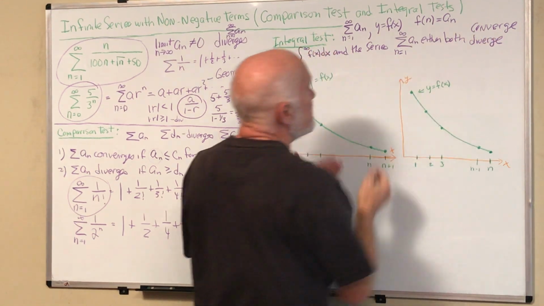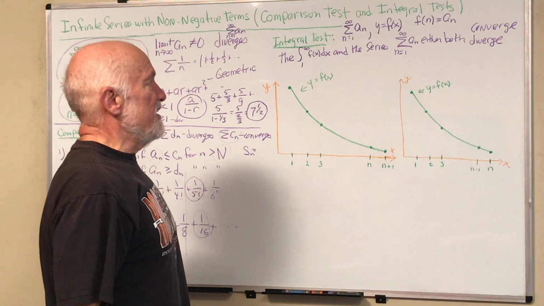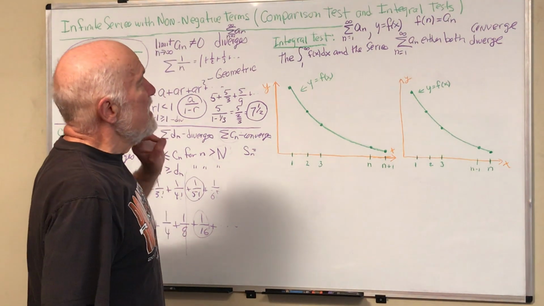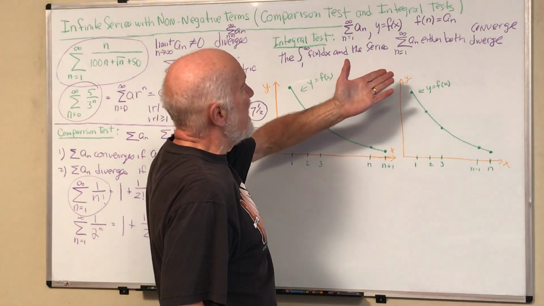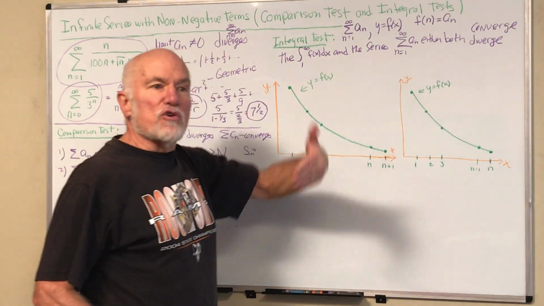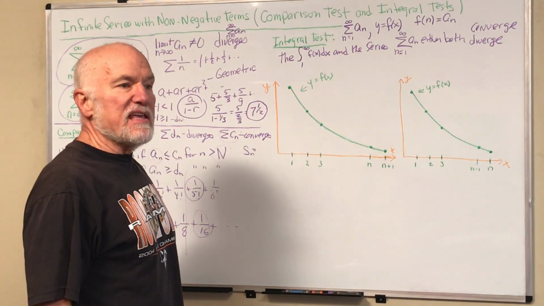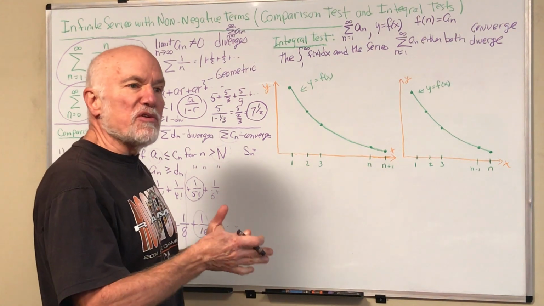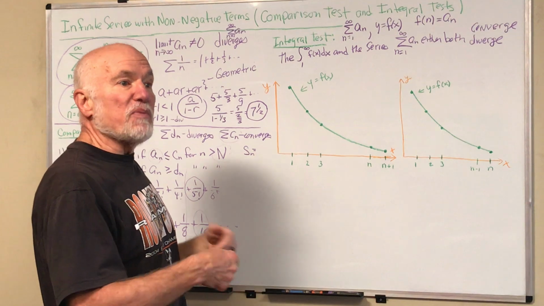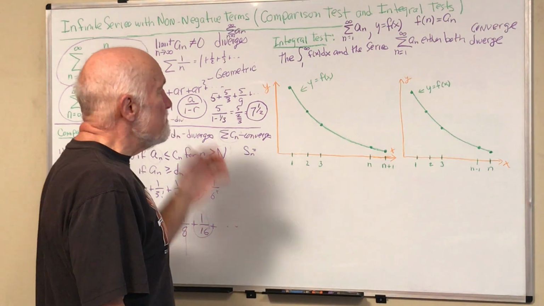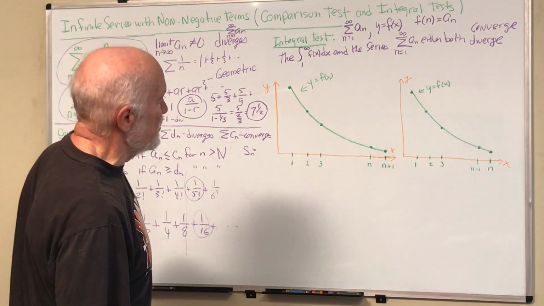So whatever one of them does, the other one does. So if we're trying to find out whether a series of ours converges or not, we can just look at the integral. And they're going to do the same thing. They don't necessarily converge or diverge to the same values, but they either both converge or both diverge.